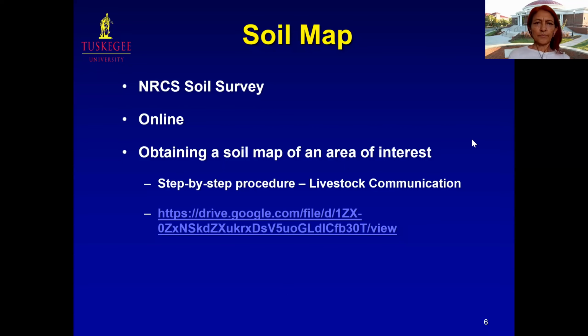So earlier I showed you how to search in Google, find the NRCS web soil survey site, select your area where you would like to have the soil map, give the name, download the report, and then just read the report. That can be very good information for your land, for your pasture land or any other land.